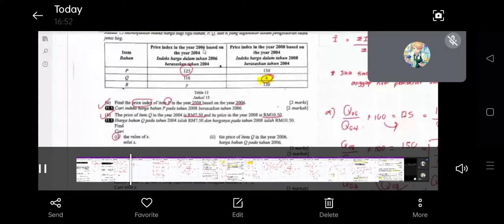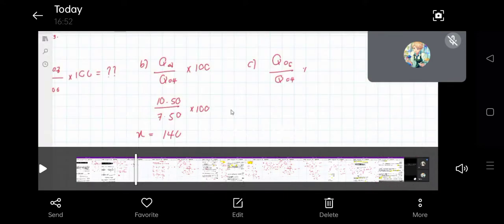So what you're going to do is take 2006 divided by 2004, multiply by 100 equals 116, and then you take x plus 7.50, because you don't know what 06 is.